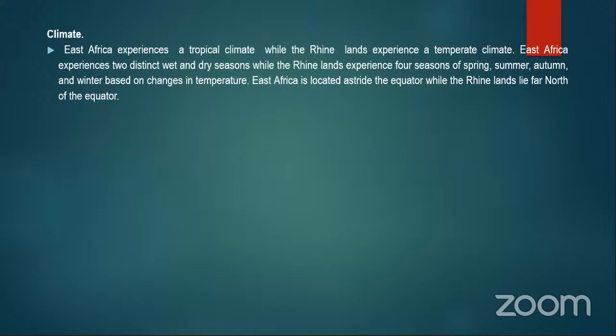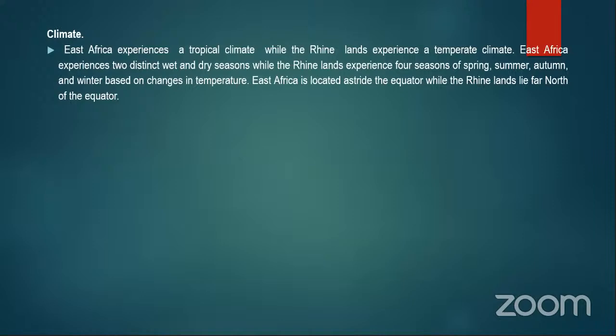For us in East Africa, we have 2 distinct seasons, the dry season and the wet season. While the region covered by the Rhinelands experiences spring, summer, autumn, and winter. Those are based on changes in temperature.